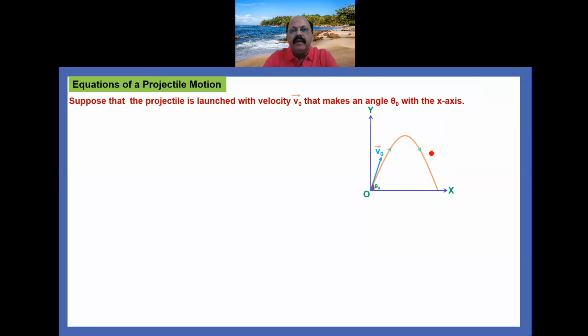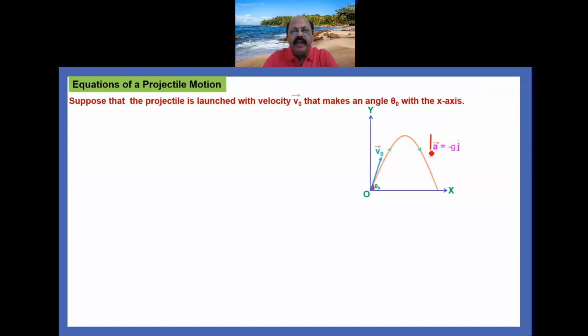Then the acceleration due to gravity, which we are assuming is constant throughout the path of the projectile, is represented by minus g j cap.